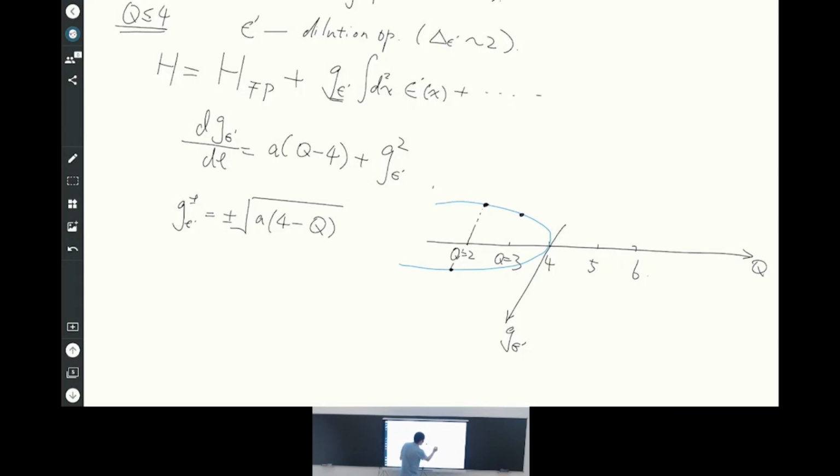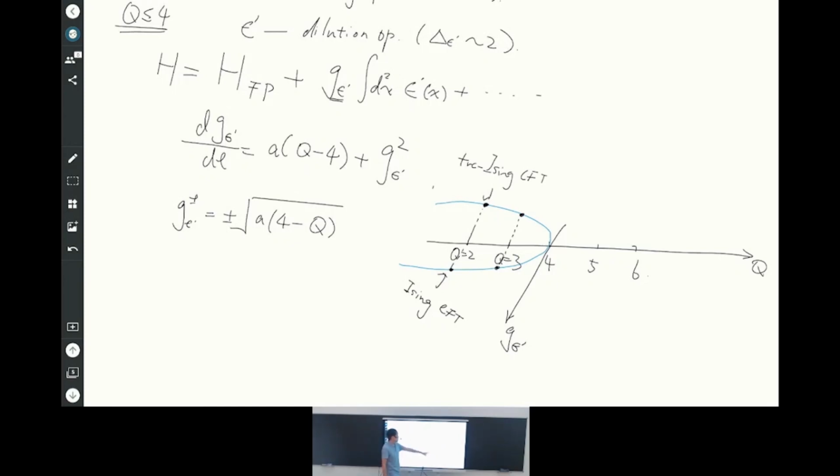For Q equals 3, there are two fixed points here. Okay? So that means for the Q equals 2 case, this is the Ising model, right? And two fixed points, one of the fixed points related to the Ising CFT, as is well known, and another fixed point related to the tricritical Ising CFT, right? This is all minimal models.